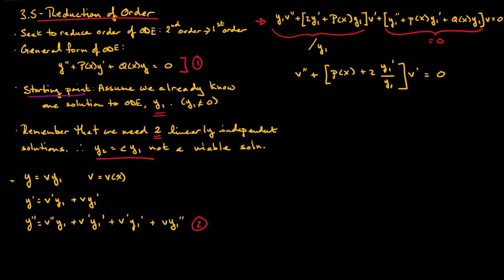And it's at this point that we effectively reduce the order of our ODE. So we're going to let a new variable w equal dv by dx.